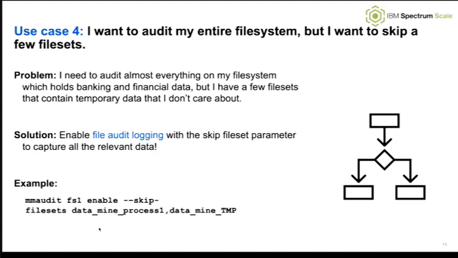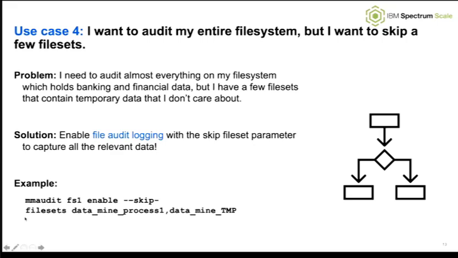All of the banking records and financial data need to be audited for, again, security and compliance purposes, but they have a data mining process that is out there, combing through the data and doing whatever it may be doing, and generating a lot of file accesses there. However, that data mining process is set up to write its temp data and process data to two filesets.